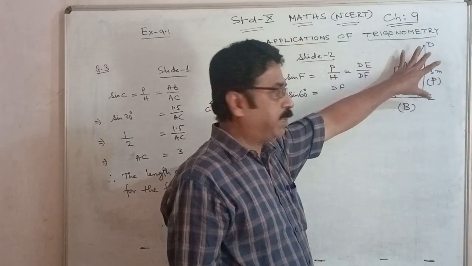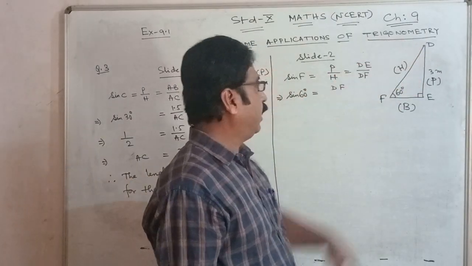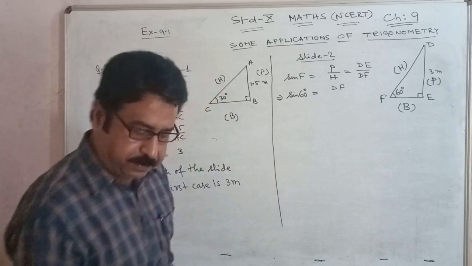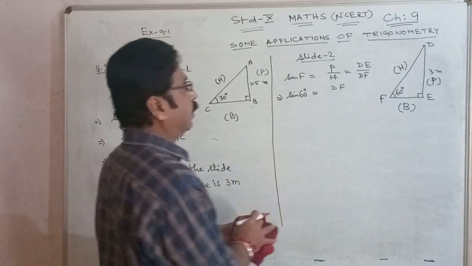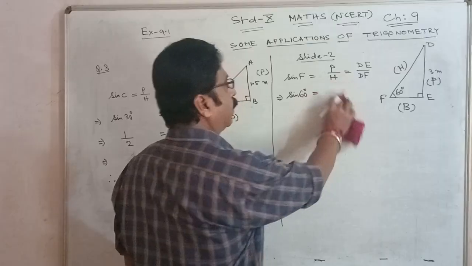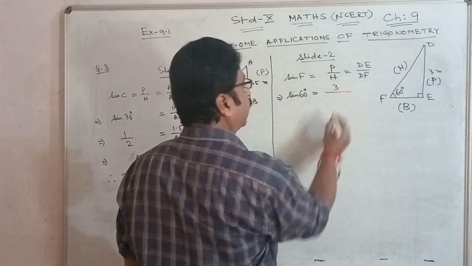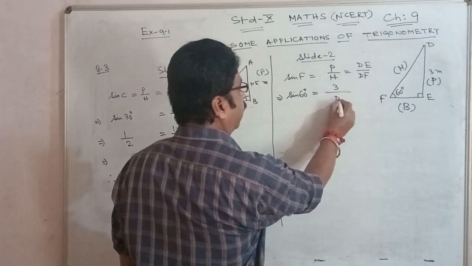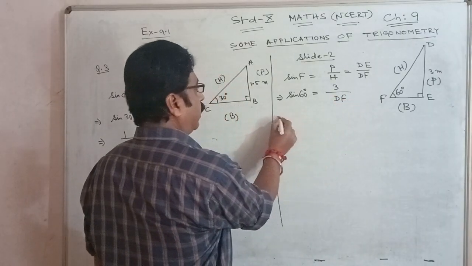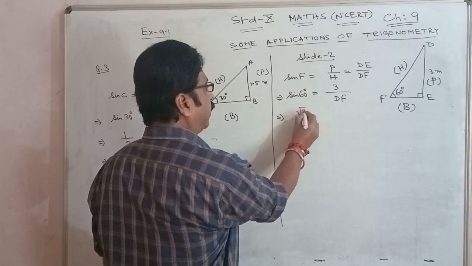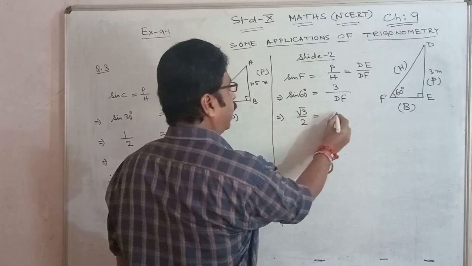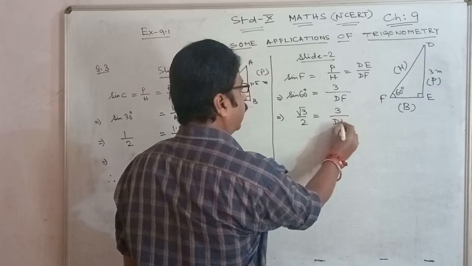This DE is the perpendicular, DF is the hypotenuse. DE is known, it is 3 meter. DF is unknown. Sin 60 degree means root 3 upon 2. It will be 3 upon DF.